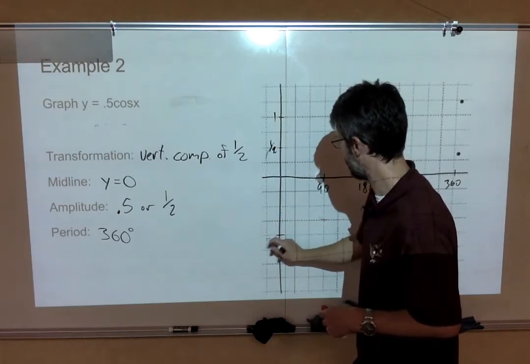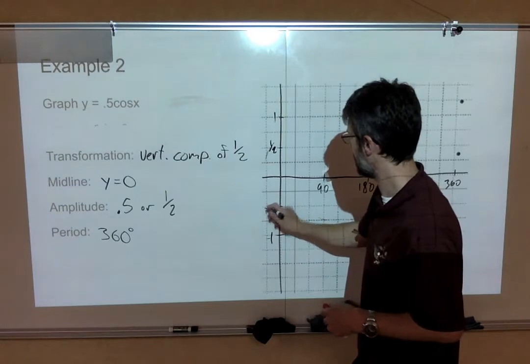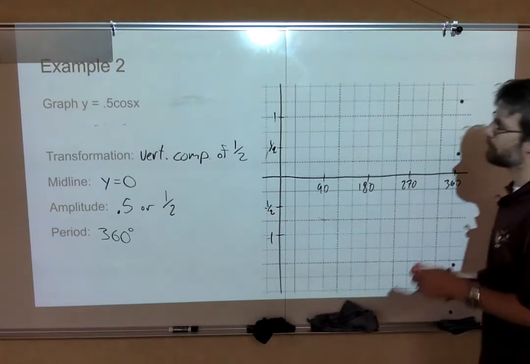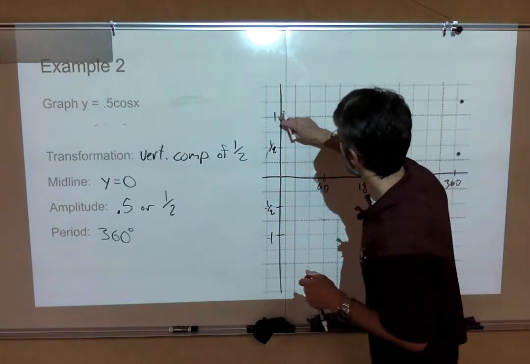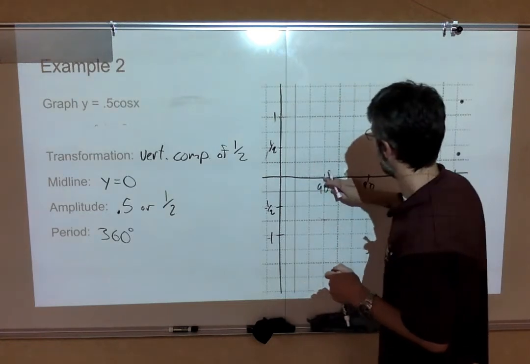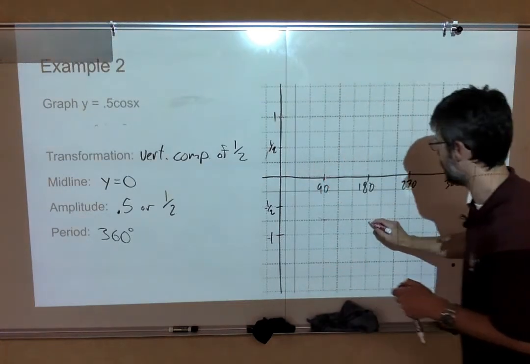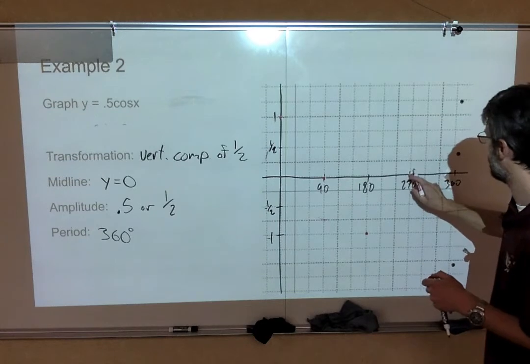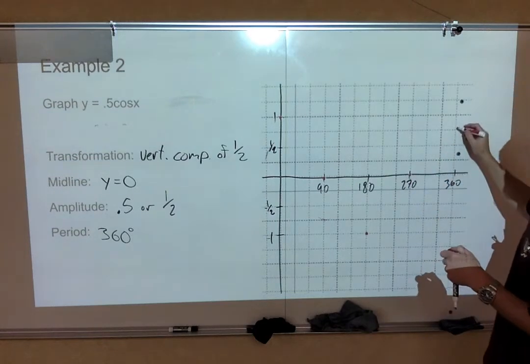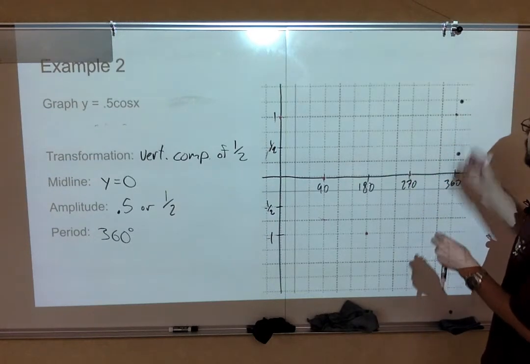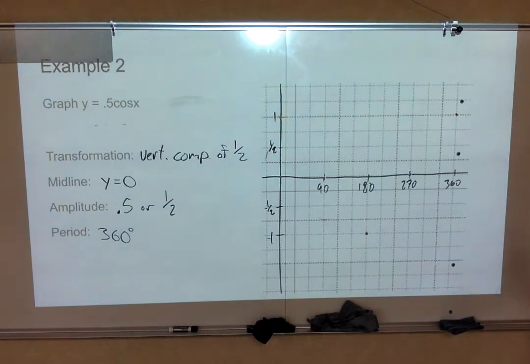So if I say 4 squares is 1, then 2 squares is 1/2. Our important points, 1 for cosine. Remember, it's sort of the C-shaped graph. A C that's tipped over, fallen on its back.